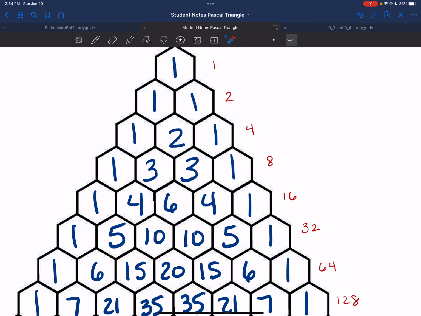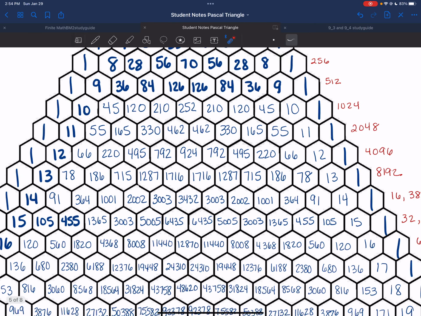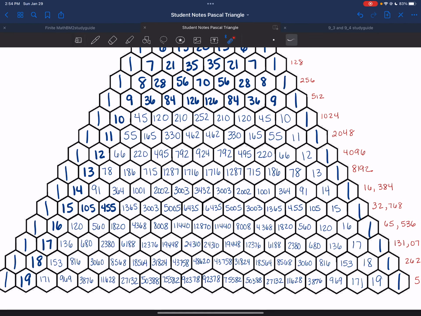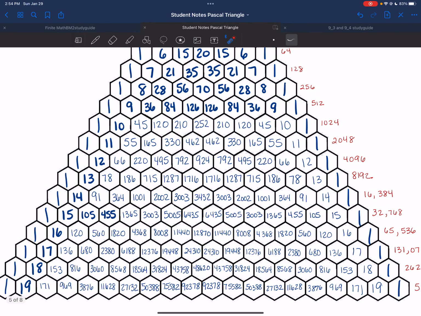My suggestion would be to go ahead and look up the completed Pascal's triangle for 20 rows, or you can take a screenshot of this one and go ahead and transfer it to yours. You will not be permitted to have electronic devices on your quizzes, so if you need any of these numbers, you do need to get it on yours. Okay, so this should be enough time for you guys to get a quick capture.